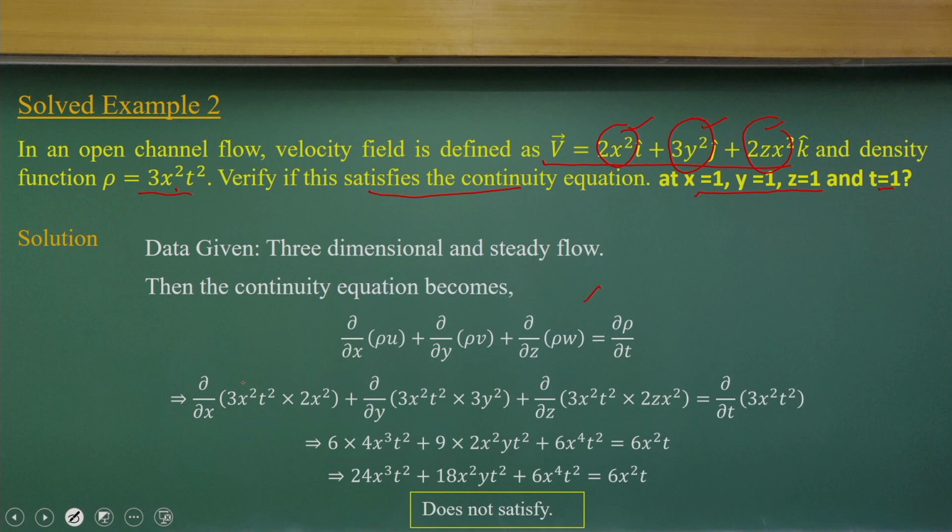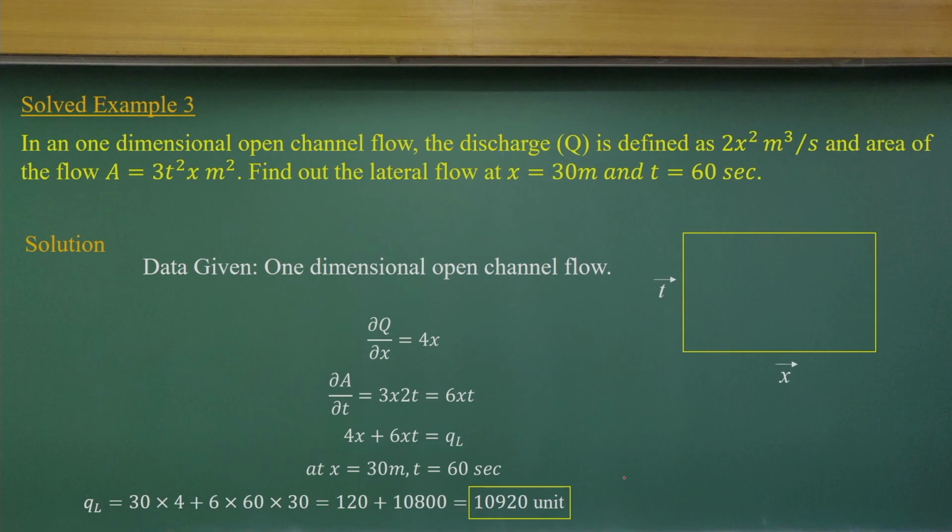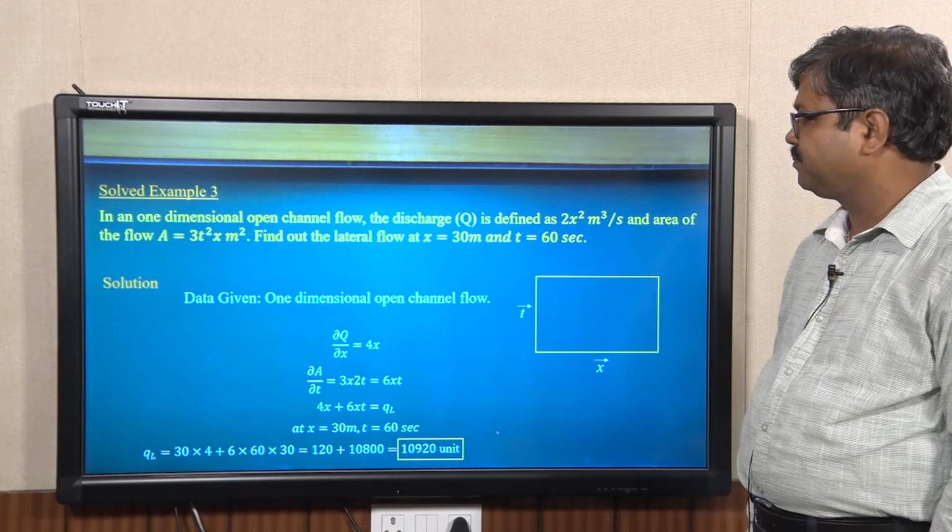You take the partial derivatives, then substitute, and finally we found that it does not satisfy the basic equation for x equal to 1, y equal to 1, z equal to 1. These are very simple examples to give you the idea of how to solve such problems.